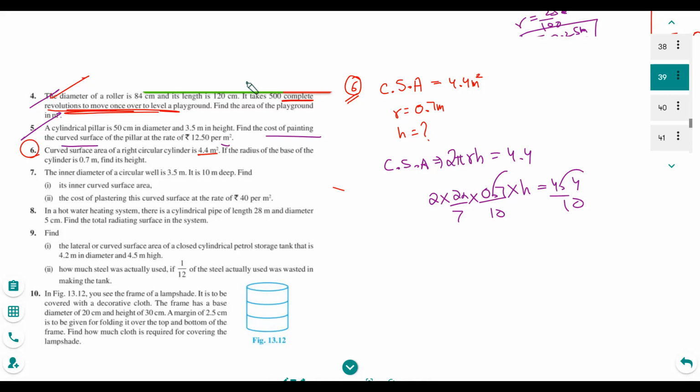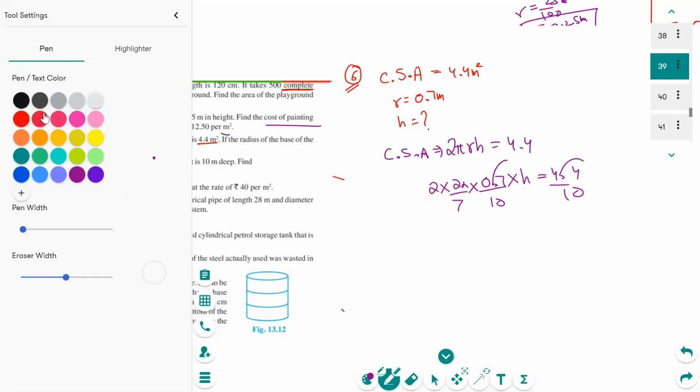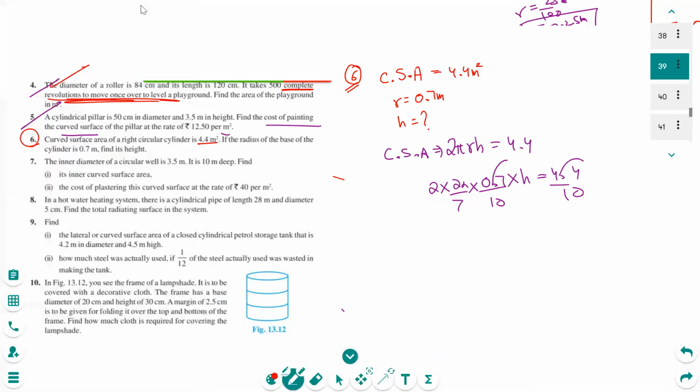Okay, no problem, I will do it. h equals 44 upon 10. That's really sad that only one student is able to make it to the answer. So let's cancel out 7 with 7.